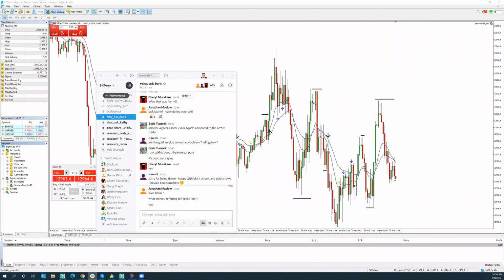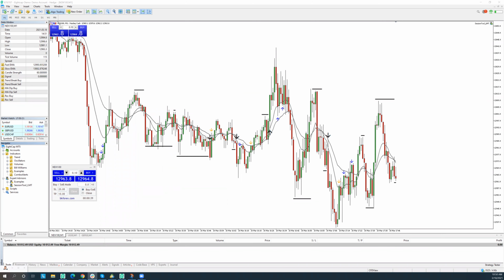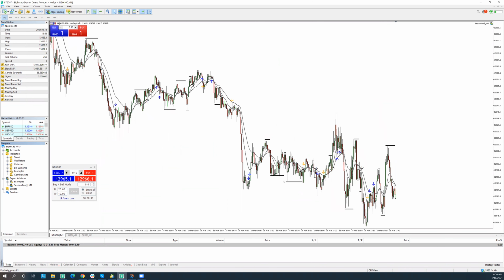The cool thing I really like about this is that these level breaks, which are just designed as an indicator, are also visually very interesting support resistance points, right? They're not exact support resistance points, but they give you an idea. We're trying to build support here above the 12,900, right?